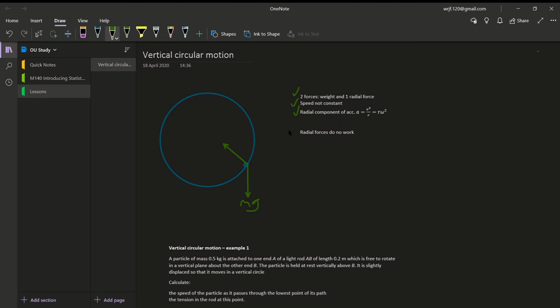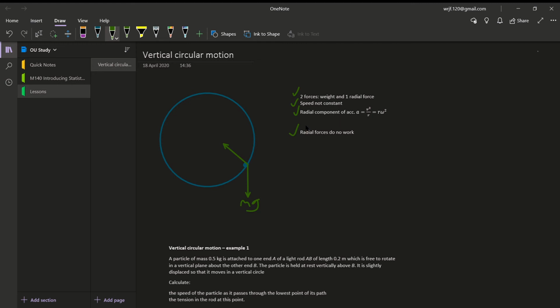The only other force that we've got is a radial force, because the direction of motion of the particle is always around the circle, and therefore at any instant it's traveling in a tangential direction. That means that the radial force is perpendicular to the direction of motion, and therefore it does no work. This is great because when we're thinking about a work-energy principle approach, it means we can just do it as a conservation of energy.